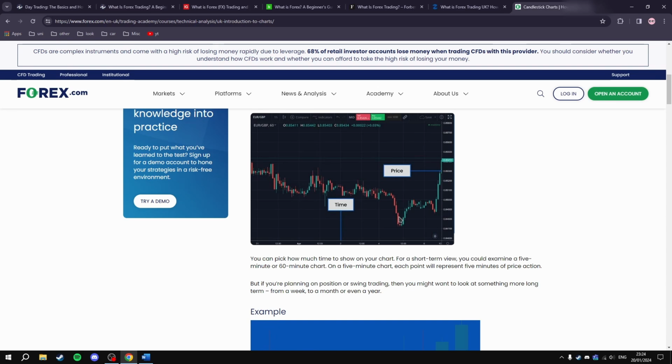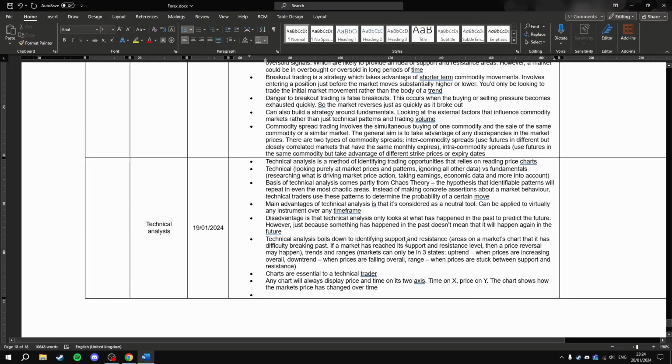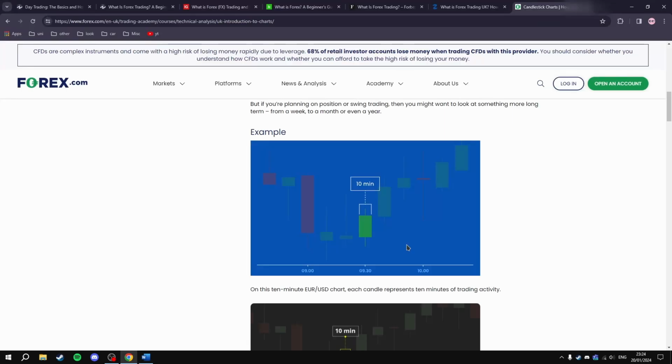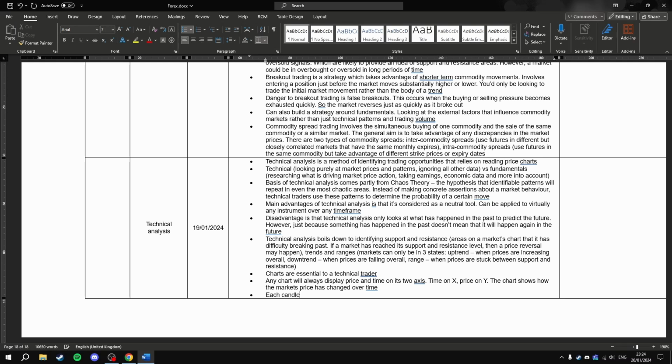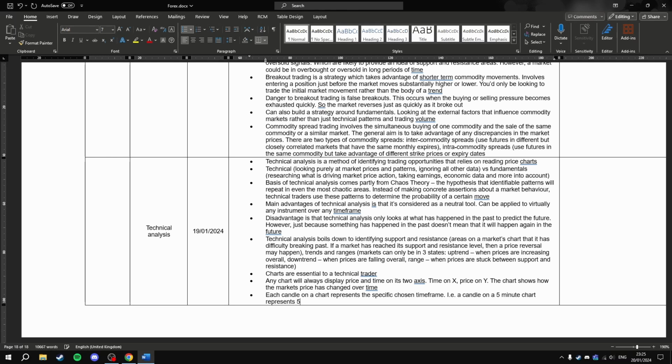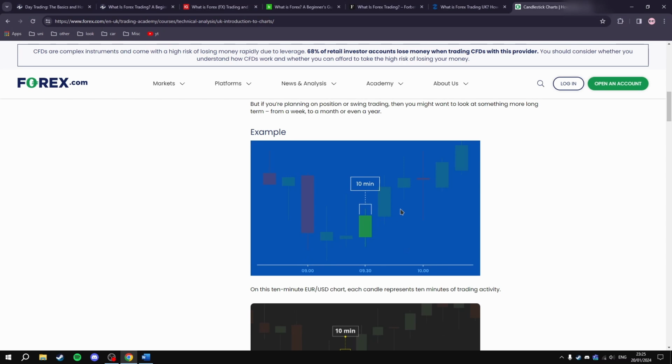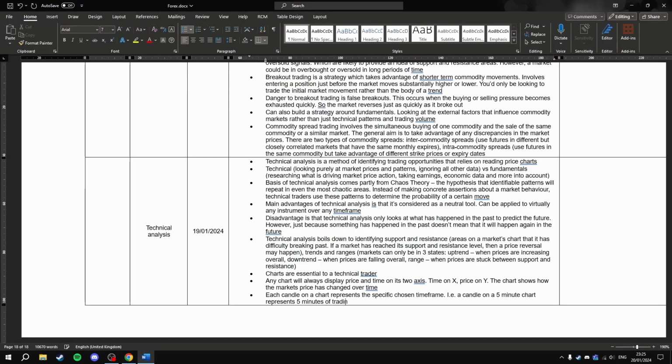So each candle on a chart represents the specific chosen time frame, i.e. a candle on a 5-minute chart represents 5 minutes of trading activity.